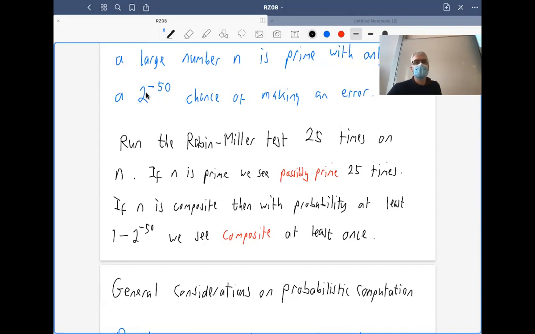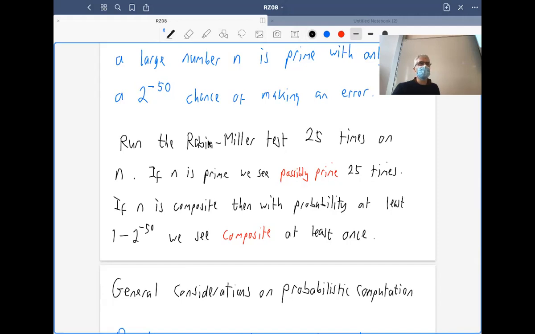And people often use 1/2 to the power of 50 as the probability of an error here, because it's such a small probability that physicists reckon there is more than a 1/2 to the power of 50 probability of a cosmic ray zapping your computer and giving you an erroneous result by flipping the output bit in your computer's memory. So this is as certain as you can be that your number is indeed a prime number.